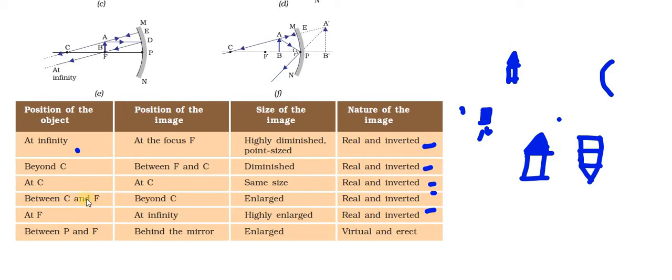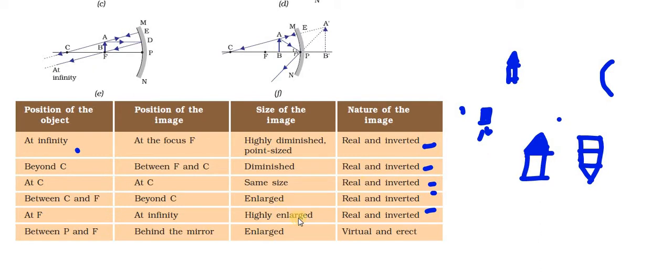Next, when you keep the object in between C and F, the image will be beyond C, and it is highly enlarged, real and inverted. This is common. If we keep the object at focus F, the image is formed at infinity, and it is highly enlarged. Suppose a 10 centimeter pencil is kept at F, it will look like around a 25 centimeter pencil.